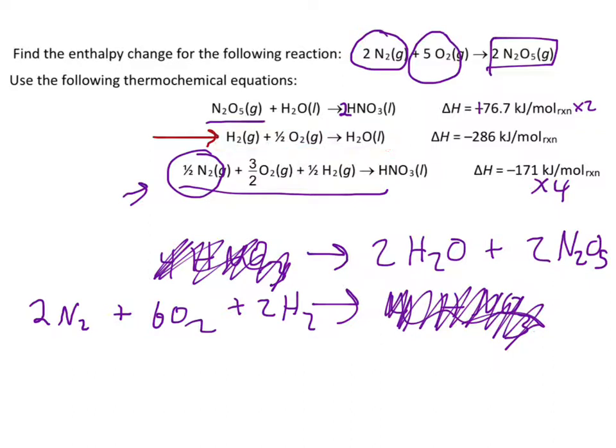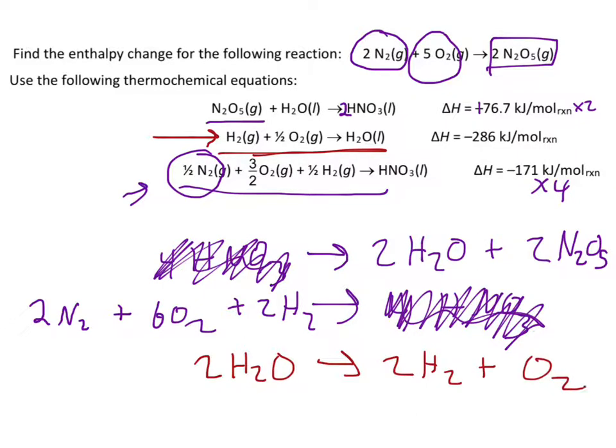So let's go ahead and see how can we use this to cancel out, let's say, the water. All right, so if we were to do this to cancel out the water, what we would need to do is we would need to flip it and multiply it by 2. And so we would end up with 2 waters, so we'd flip it and multiply by 2. And this would yield 2 hydrogen gas molecules plus 1 oxygen gas molecule.